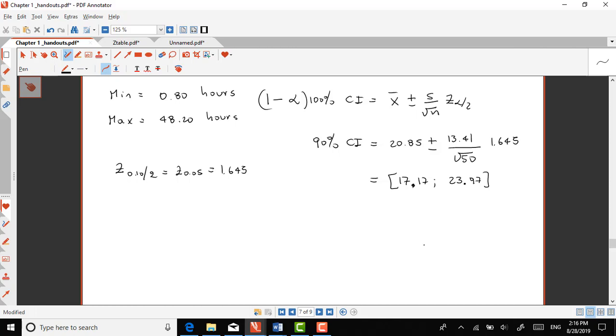Remember, interpretation basically is to say that we're 90% confident that the true value of the average time spent taking care of twins is between 17.17 and 23.97. So we are 90% confident that the true mean is contained in this interval.